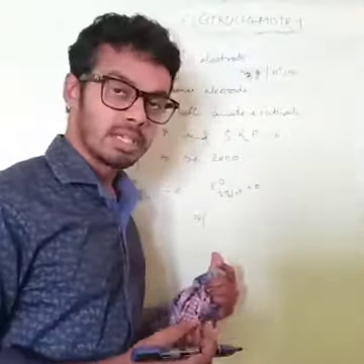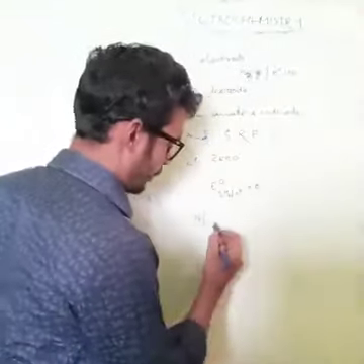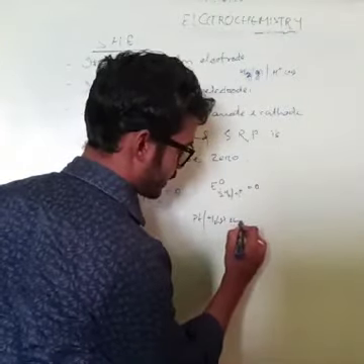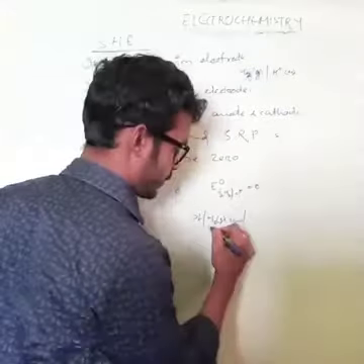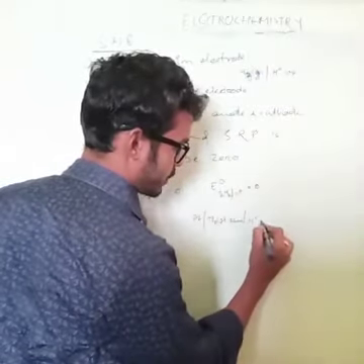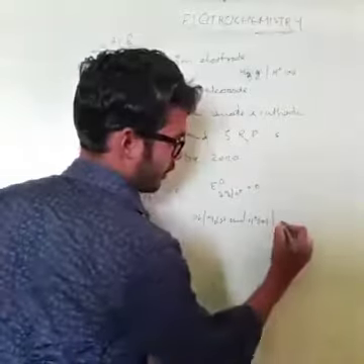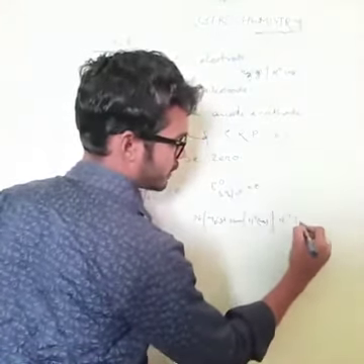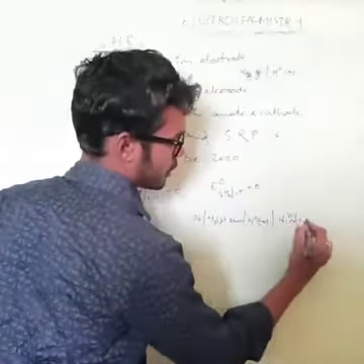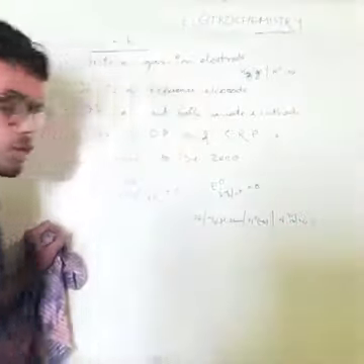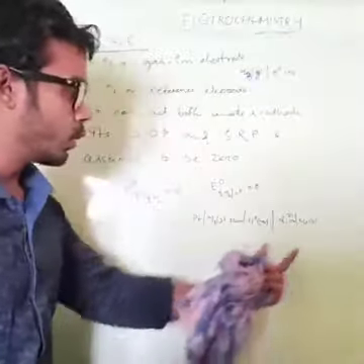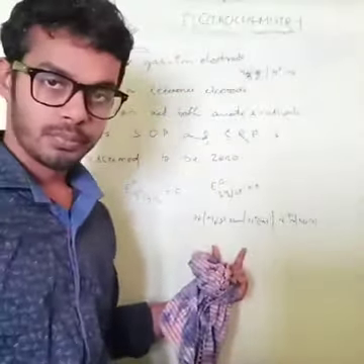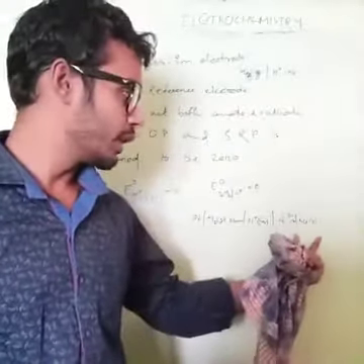So platinum, H2 gas at 1 bar pressure under standard conditions, and H plus aqueous solution. Suppose nickel 2 plus aqueous and nickel solid. If you need to calculate the potential of this, the hydrogen potential will be 0. So from that we can easily calculate the potential of this.